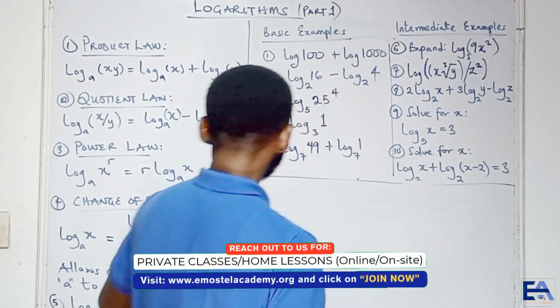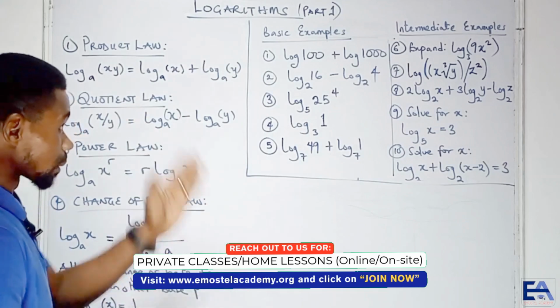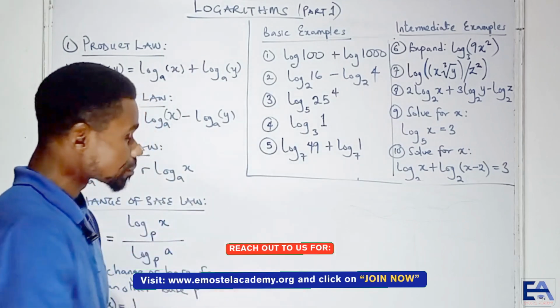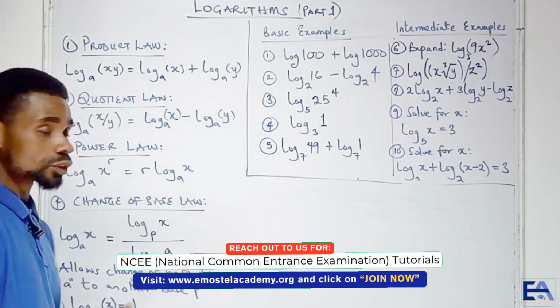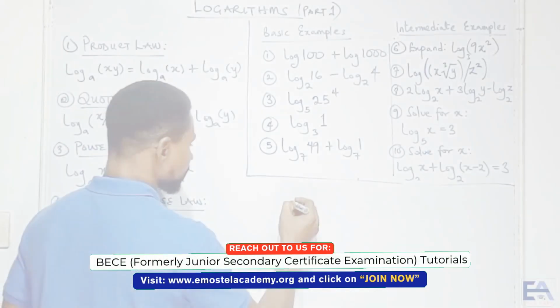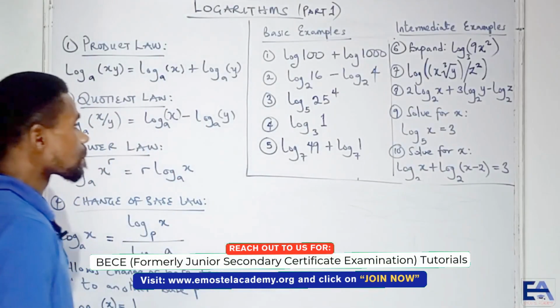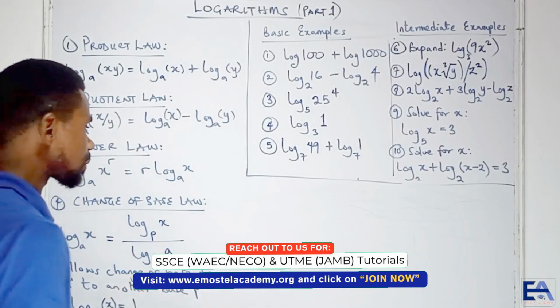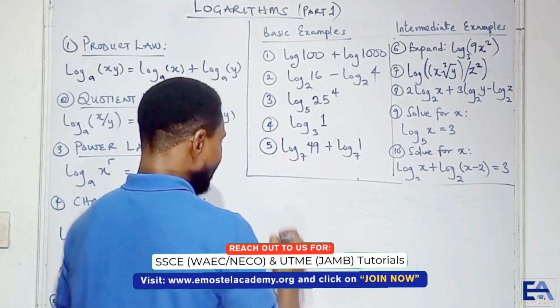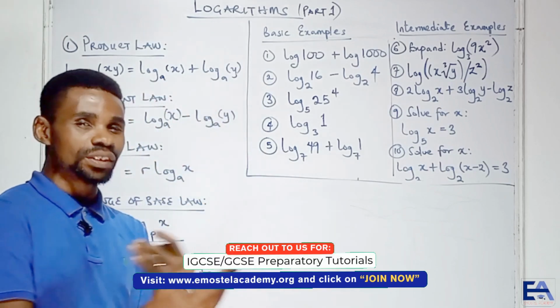So in this topic called logarithm, this is just part one. We are going to cover a series of videos on this same topic. There is a general form of logarithms that you should understand. Logarithm is like the reverse of indices.